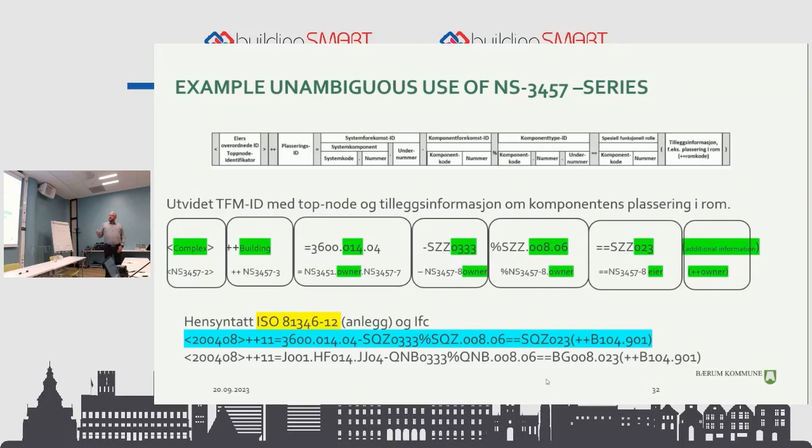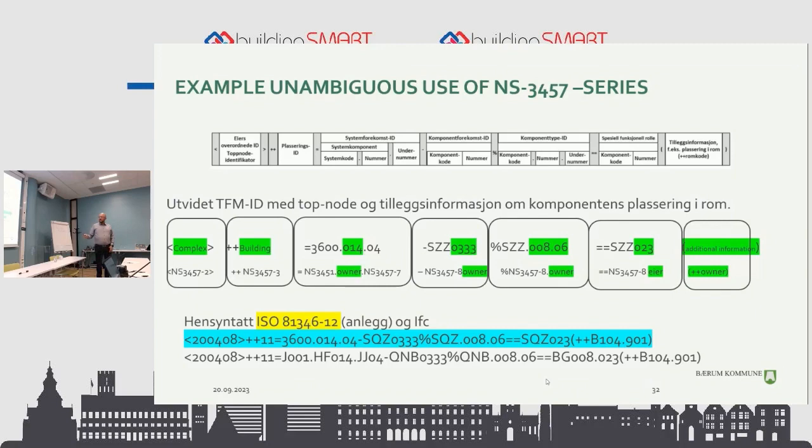Here you see codes from the complex, codes from building standards, system standards, component standards. So here I have buffer number 333 in ventilation system number 14, the tour part, the out part of the ventilation system in building A on the complex 200-408. That's a school in Oslo.